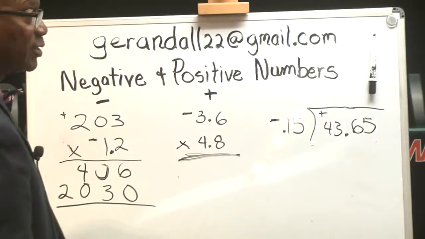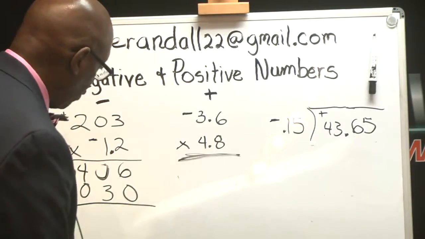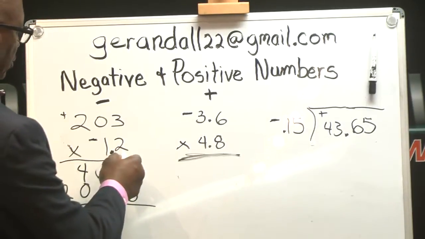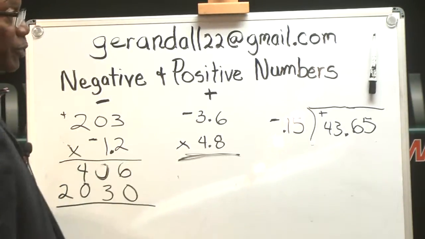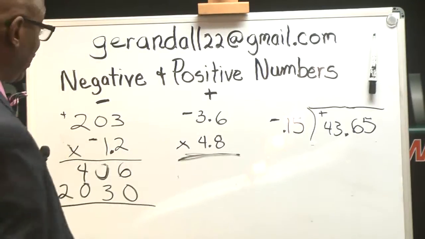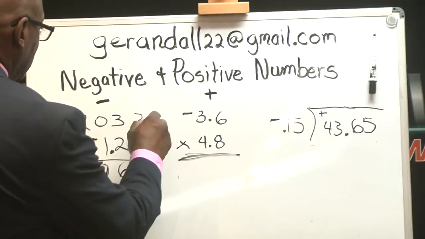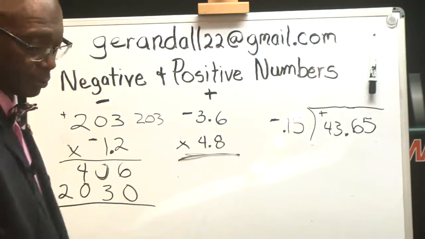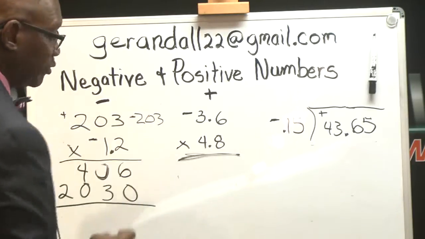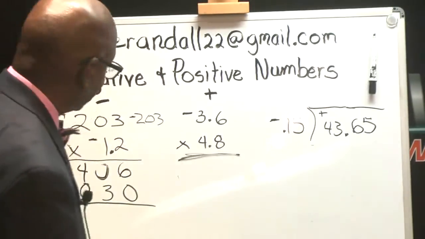Now, our estimate, if we had just looked at this without going any further: is 1.2 closer to 1 or 2? 1. So 1 times anything is that thing. So our estimate would have been 203. And in this case, a negative times a positive, it would have been a negative 203. That would have been our estimate.